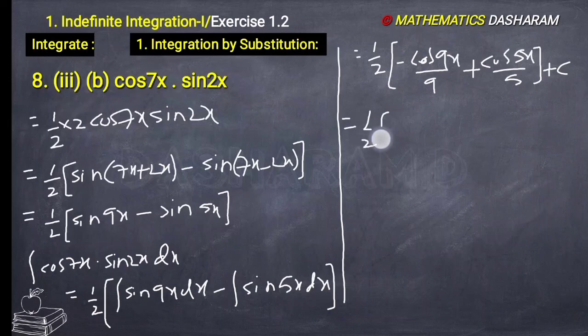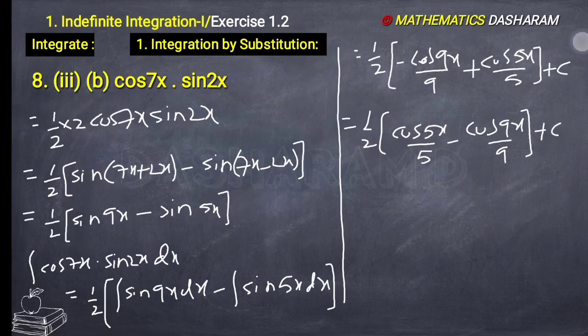So 1 by 2 bracket of, first write cos 5x by 5 minus cos 9x by 9 plus c.